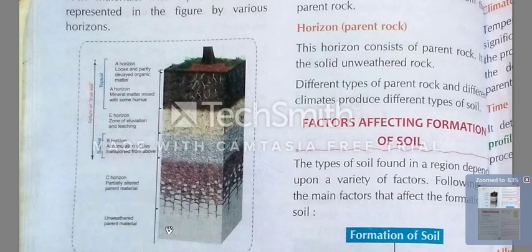From this parent rock, when the reaction starts, you can see small particles. After breaking into small tiny particles, you will see them. Okay, now we will see parent rock. Clear?